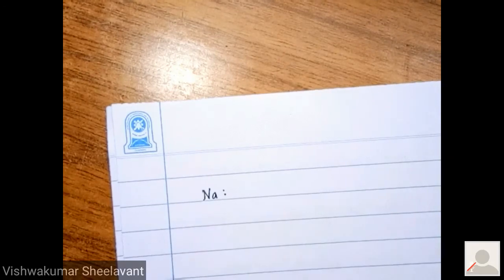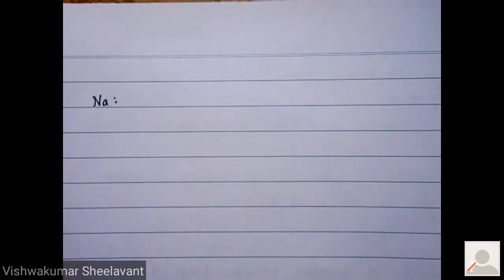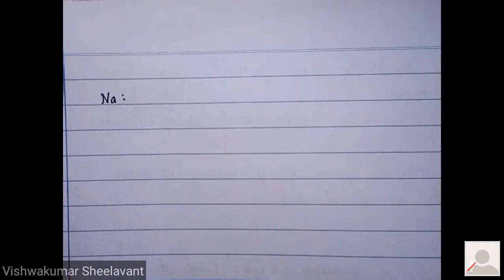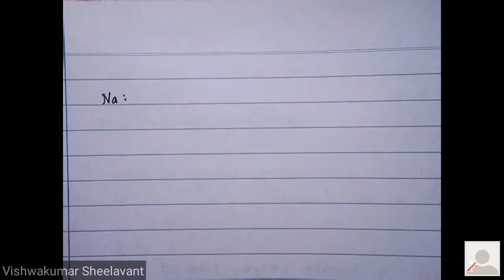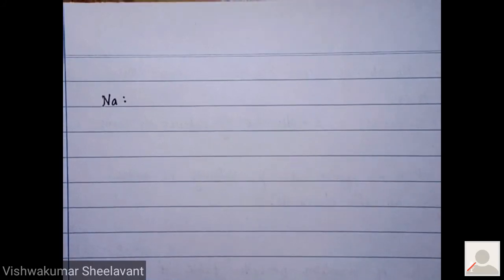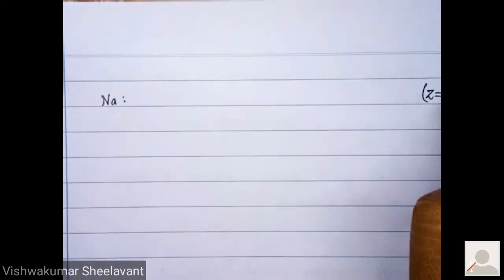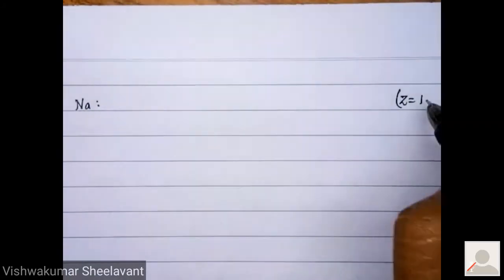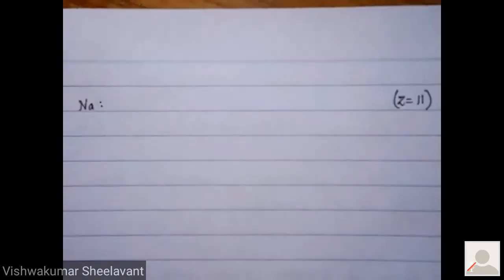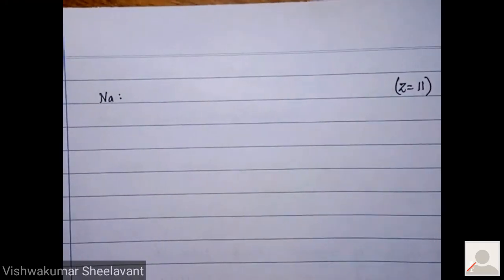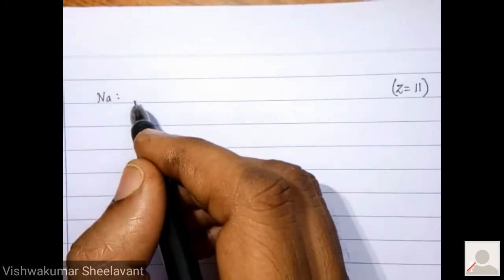We'll take sodium first. What is its atomic number? Its atomic number is 11. Then what is its electronic configuration? You have already written it.